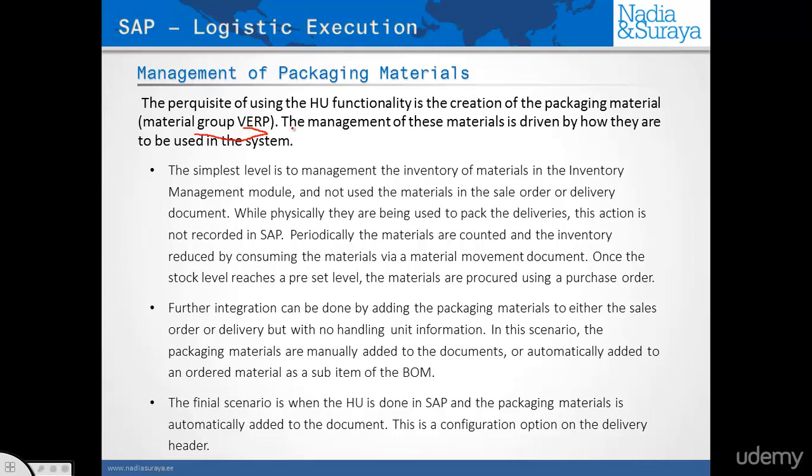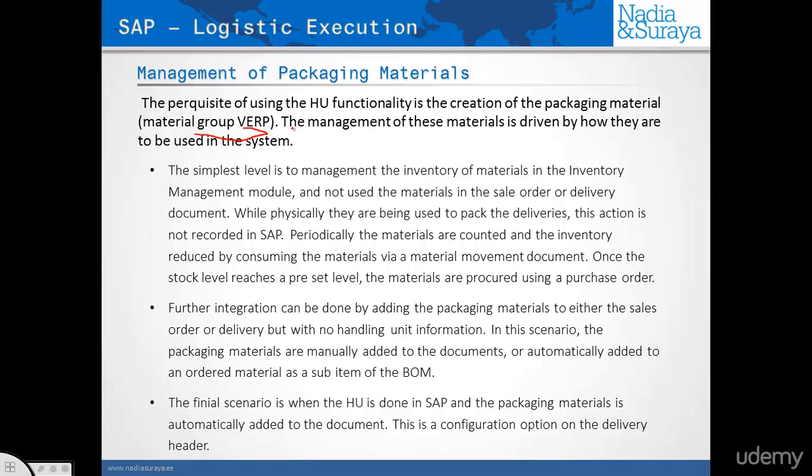And what I wanted to explain is that there are actually two ways of managing the packaging. The first is where the packaging material does not appear anywhere, either on the sales order or on the delivery and so forth. You might pack a material on the delivery, but the packaging material itself doesn't appear anywhere.